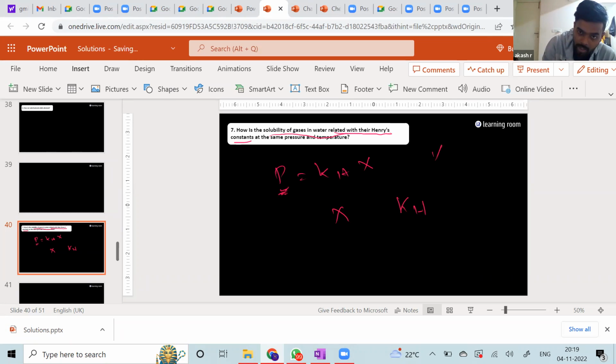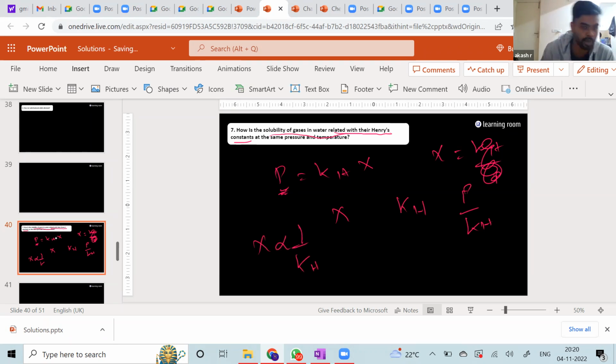If I assume the pressure is constant, you can write X is equal to P divided by KH. So obviously X and KH are inversely proportional, from this equation X is equal to P by KH.